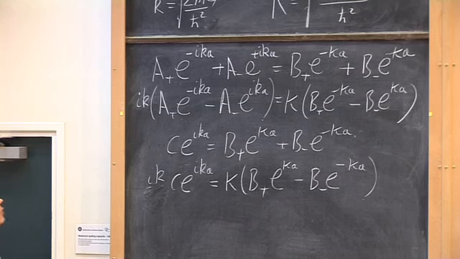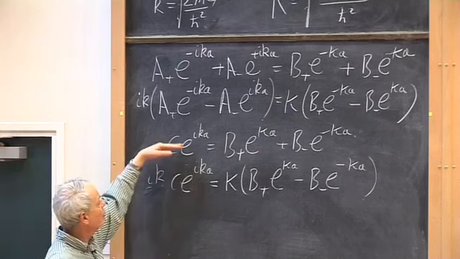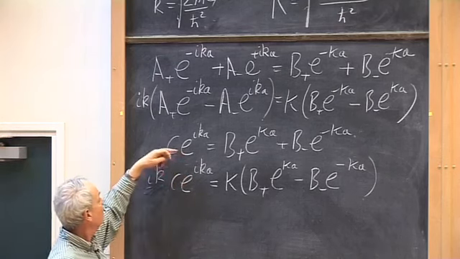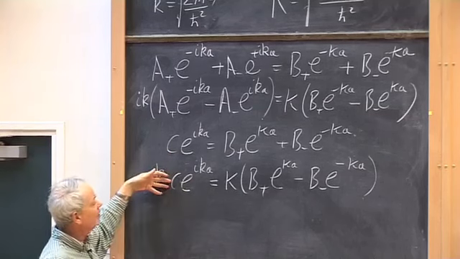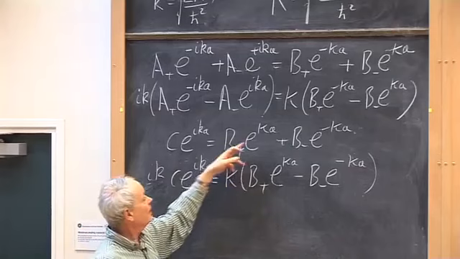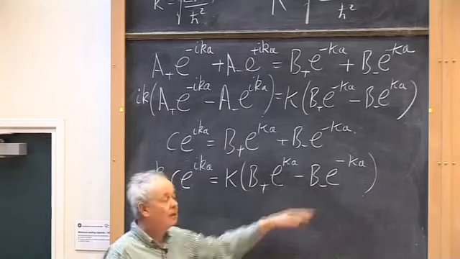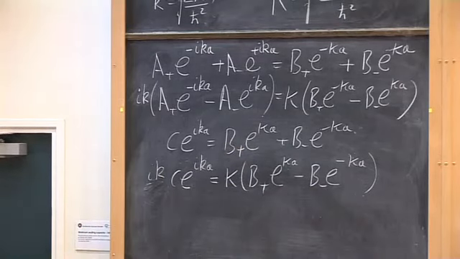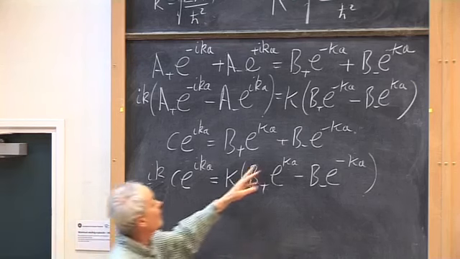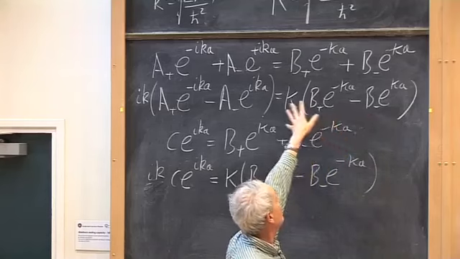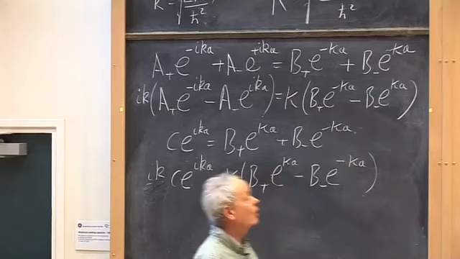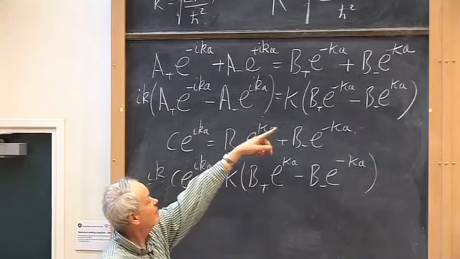So what we should do is engage in an elimination exercise. A reasonable way to go is to take these 2 equations here, divide this equation by this equation, say, and that will get rid of C, and will give you a relationship between B plus and B minus. And then you can take that relationship between B plus and B minus and use it in these 2 equations to get rid of B minus from these 2 right-hand sides.